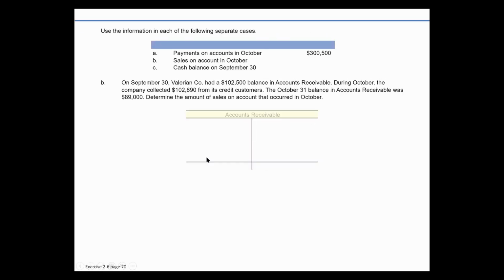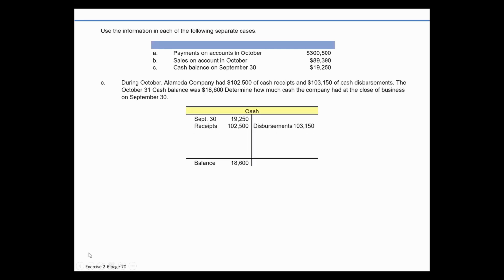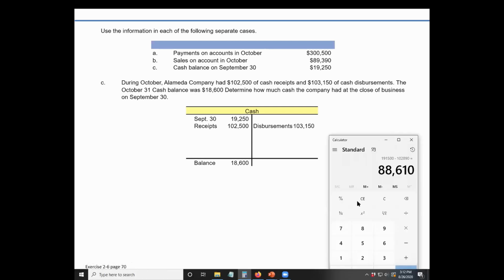Okay, pardon, let me get back to that. Okay, so on this one, same kind of thing. We see that cash is an asset, so it's going to increase on the debit side, decrease on the credit side. And so it said that as of the end of the month of September, they had $19,250, and they had cash receipts of $102,500.